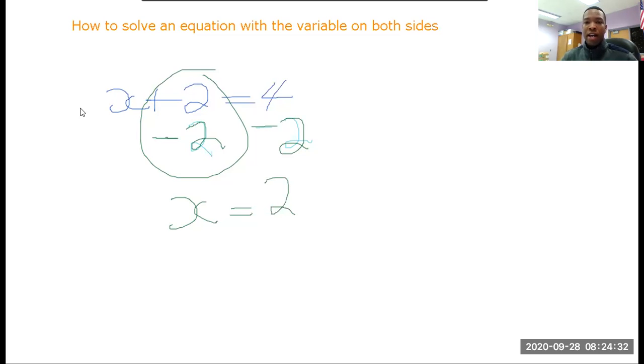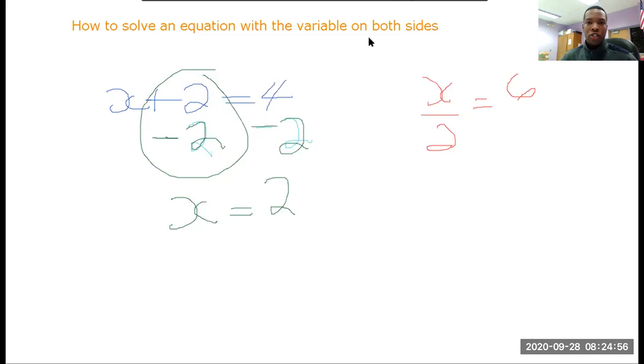Say, for instance, I had x over 2 equals 6. How would I solve that one? What would be the first thing I do to solve that question? x over 2, and remember, I'm trying to find x, all right? So what would be one of the first things I do to solve that?